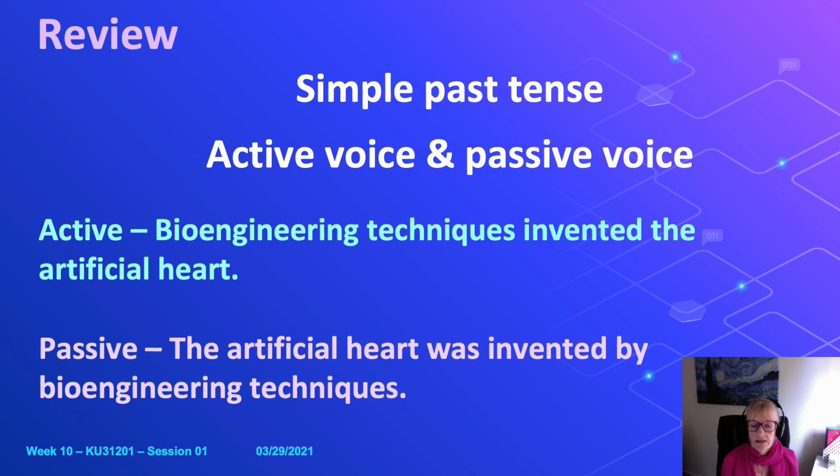So now we're going to make the object of the active sentence the first thing in our passive sentence. So it changes to: the artificial heart was invented by bioengineering techniques. So that's just a quick refresher of the work that we did last week with active voice and passive voice.